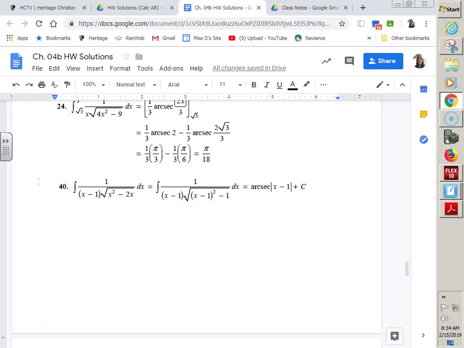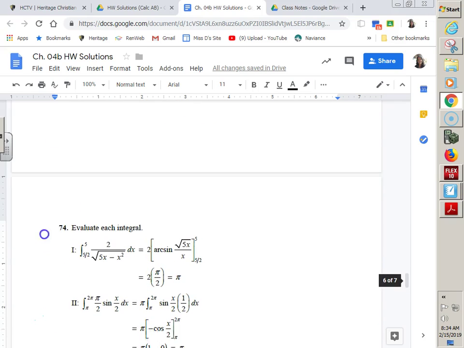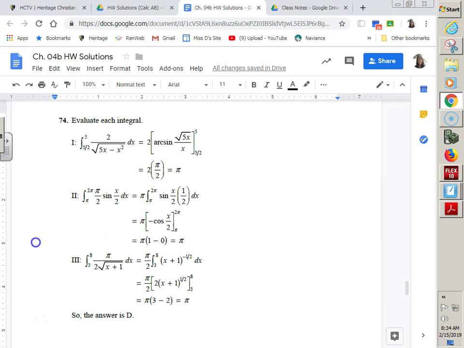And if you add the 1 to complete your perfect square trinomial, you had to subtract 1 on the outside. Oh yeah, that's the formula, u squared minus a squared. Oh no, we have one more. Number 74, the final answer is D.